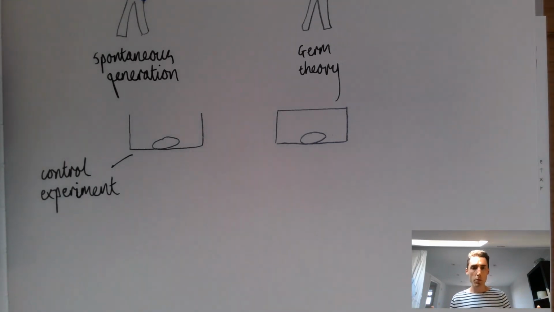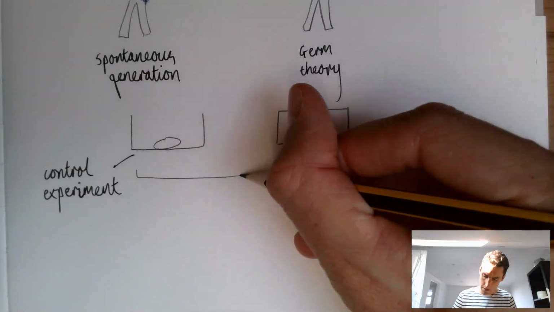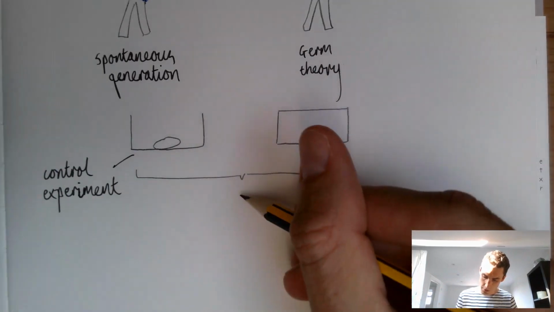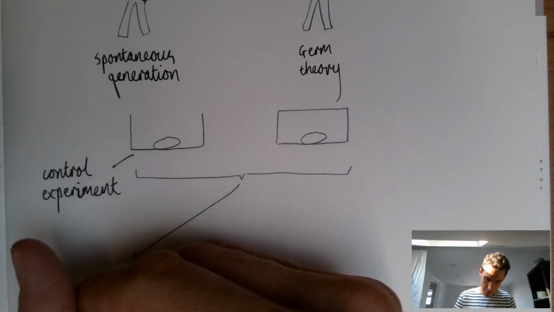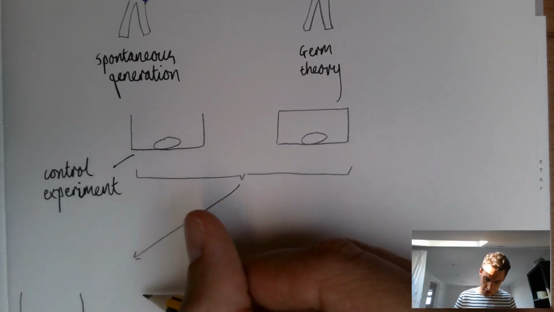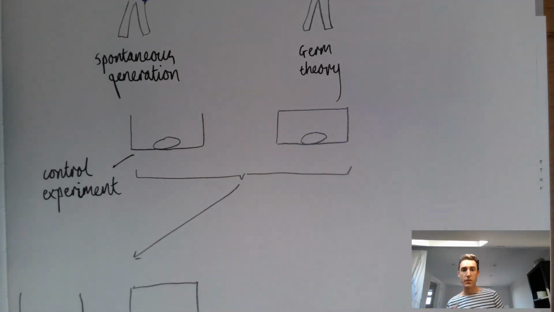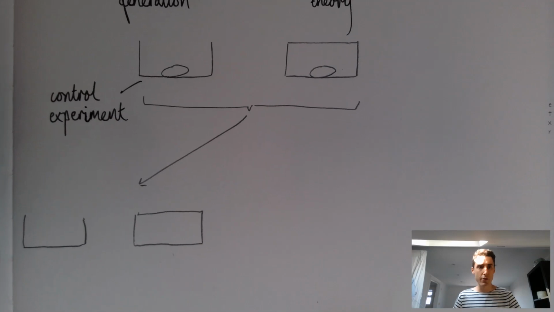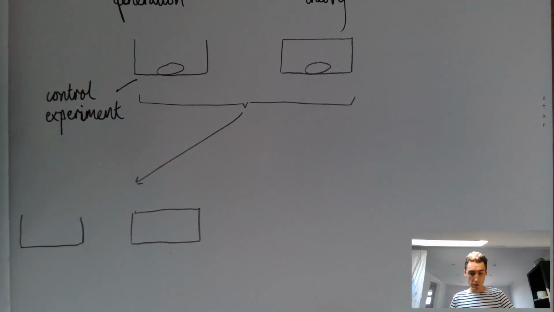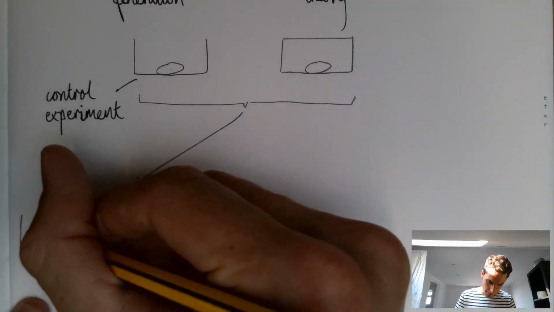So what we want to do then is think, okay, let's say spontaneous generation was true. What would we expect to happen in that case? So I'm going to draw a little bracket like this, and a line down here. So let's imagine this theory, spontaneous generation, was true. What would we expect to happen? And what we're doing here is really reinforcing with students this idea of guess, deduce, check. So if spontaneous generation is our guess, here we're now deducing what we'd expect to happen.